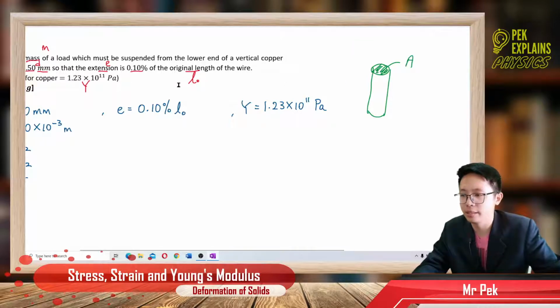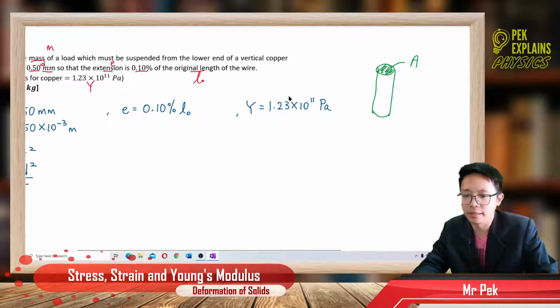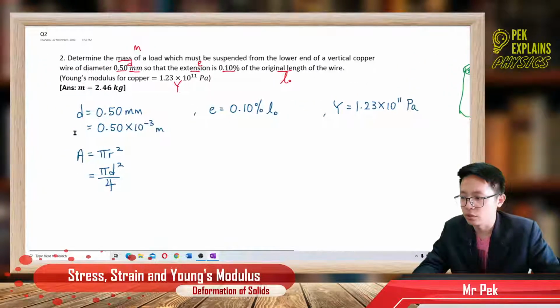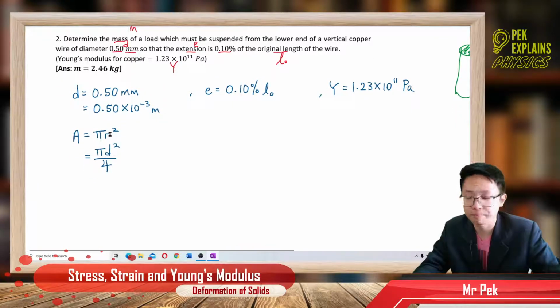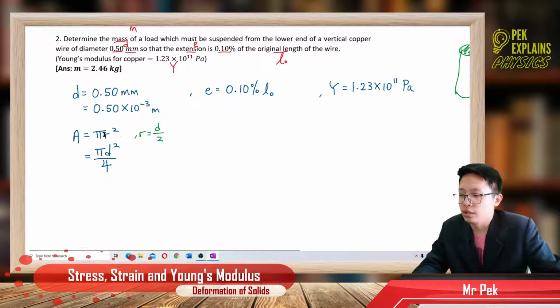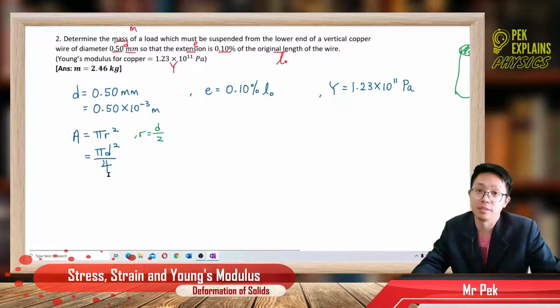Already given the diameter, yeah, and this is the original length, L naught. First of all, we need to find the area. So the area is pi r squared. When we substitute r equal to diameter over 2, when we square it, we get diameter squared over 4, isn't it?